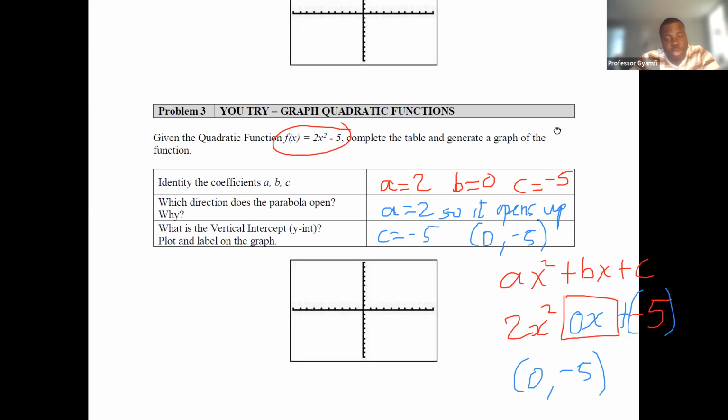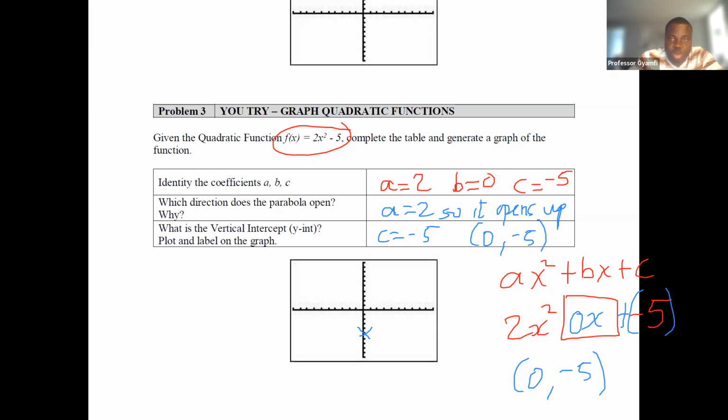And then again, you draw your graph. Now, what is the y-intercept? 0, negative 5. So that is going to be somewhere here. And then remember, this is going to open up. Again, if you are not sure of it, you go to your calculator and put it in, and that should give you what you are looking for.